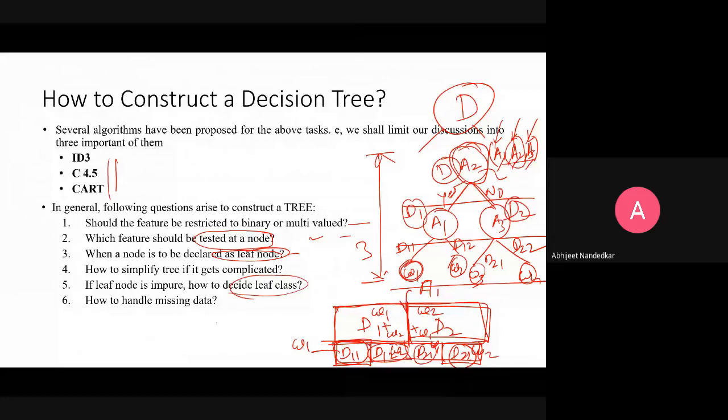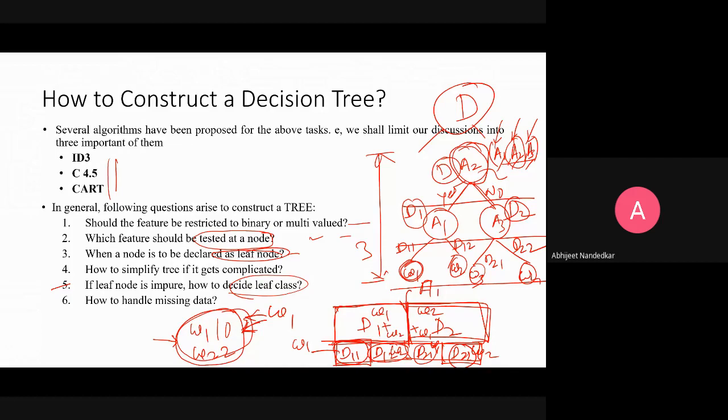Suppose there are 10 samples of omega 1 and maybe 2 samples of omega 2 in a node where we are standing right now. Then I say, okay, let us terminate the process of creating branches and declare this as a leaf node omega 1. So this is possible, and that is the fifth question: if a leaf node is impure, how to decide? We decide with majority.